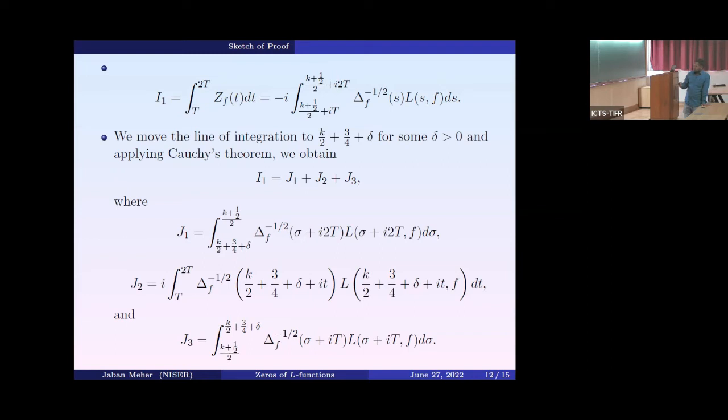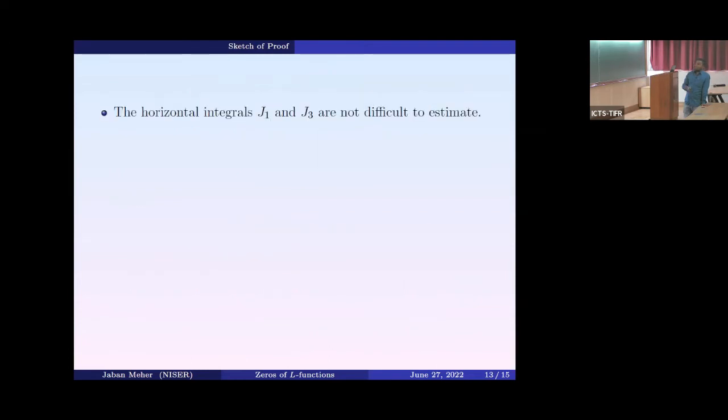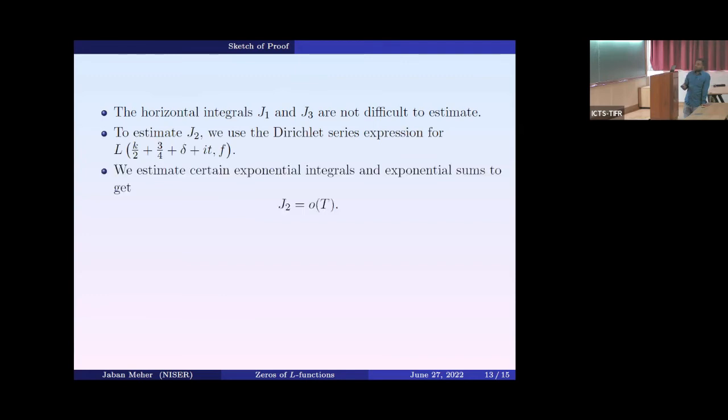The J1 and J3 one can easily estimate. It is not difficult. For the other one, J2, we use the Dirichlet series expression and estimate a certain exponential integral and exponential sum to get that this is small o of t.